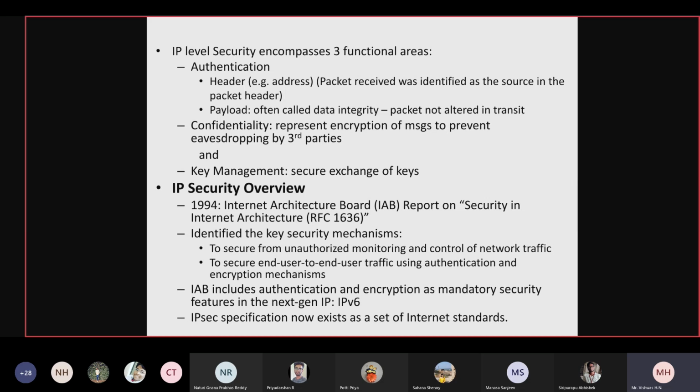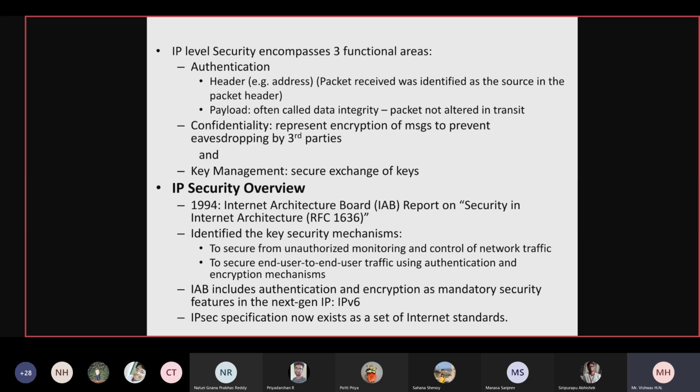It is a combination of multiple protocols providing different features to the packets which are being transmitted. Is that clear? So key management plays a very important role in IPsec, and this IPsec platform will do the key management effectively.